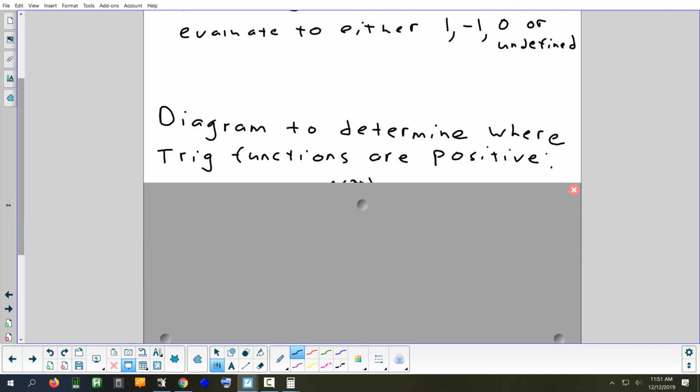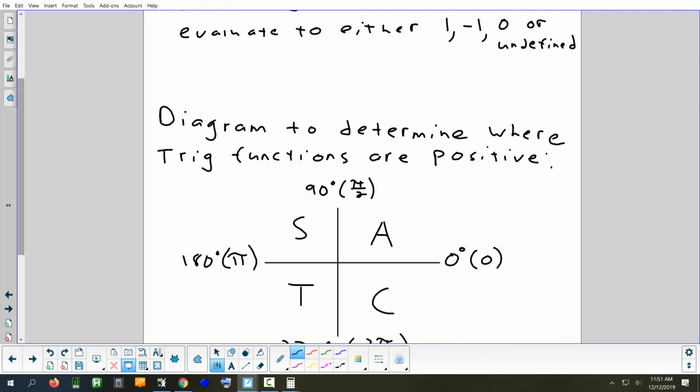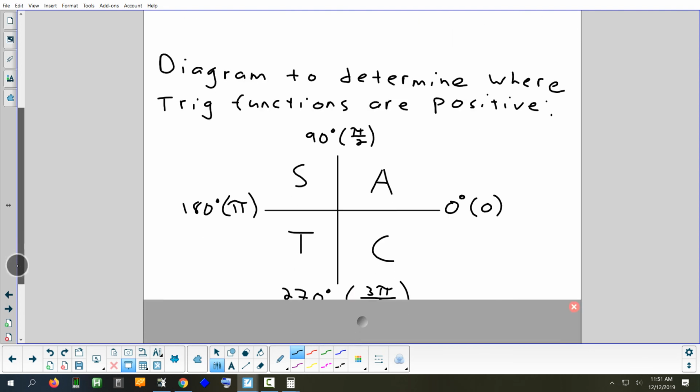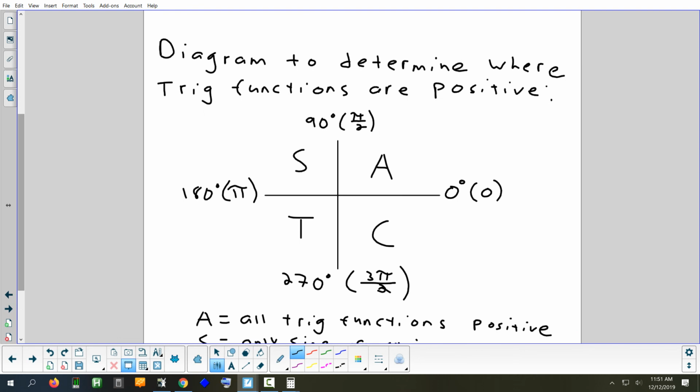All right. So the last thing is this diagram. And this diagram basically shows you where certain trig functions always come out positive or negative. Now, I don't think we do a ton with it in this section, but it comes up for a long time in the next couple chapters.